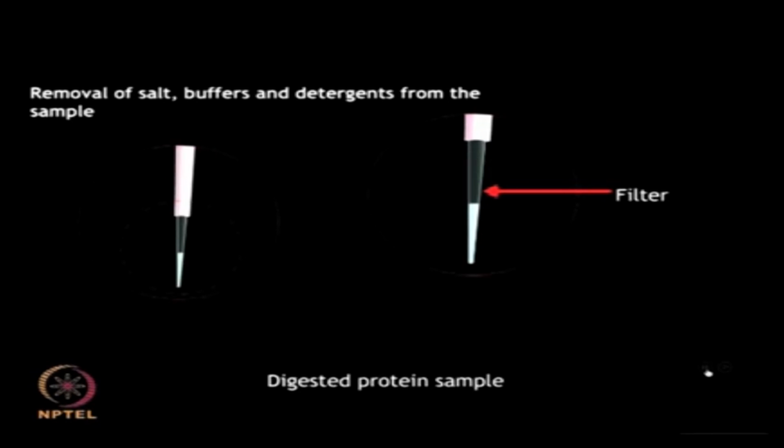It offers several advantages such as quick purification, sample enrichment and ensures that there is no contamination. So, there are multiple advantages of using zip tips. However, it can purify only a limited volume of the sample and also it adsorbs some amount of the protein sample, thereby leading to losses.